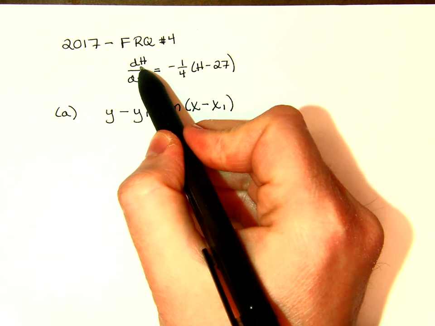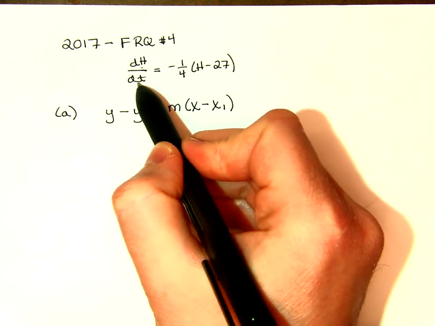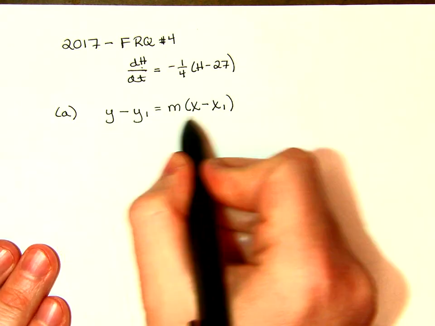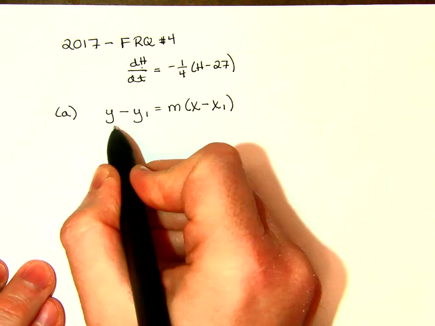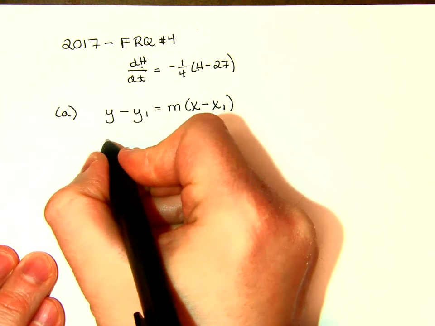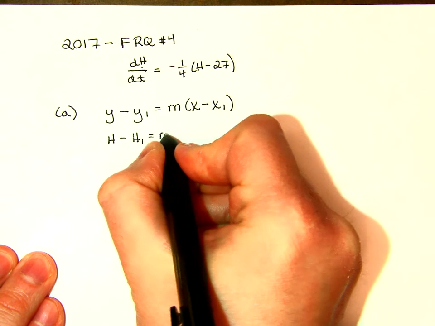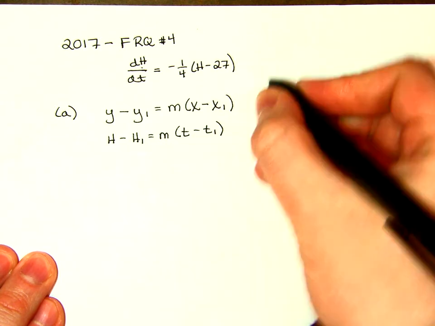H is in the place of our y. H is our dependent variable, and t is in the place of x. T is our independent variable. So instead of x's and y's, I'm going to use t's in place of x and h's in place of y to say h minus h1 equals m times t minus t1.